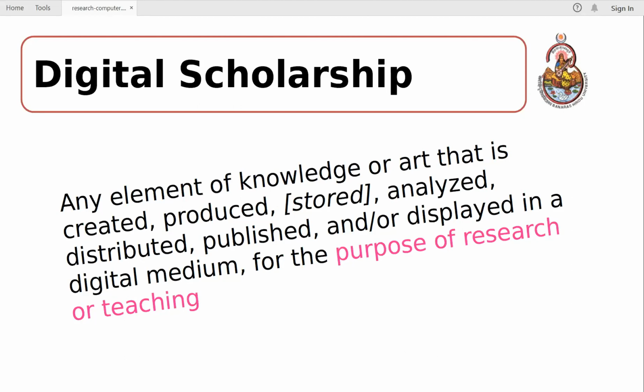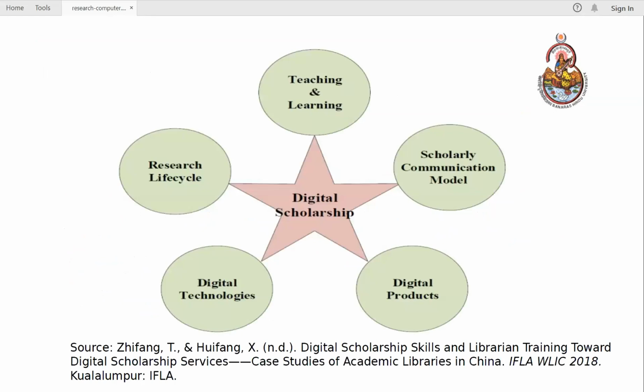And when this whole exercise of creation, storage, processing, retrieval and publishing is done for academic purposes, it is known as digital scholarship. In other words, it is a kind of digitalization of our very academics. And out of this digitalization, today we have a new kind of scholarship. We call it digital scholarship.